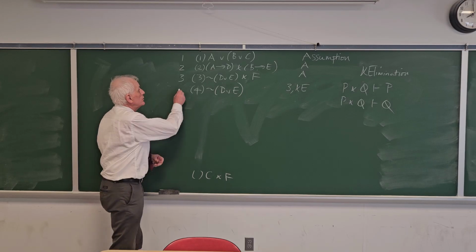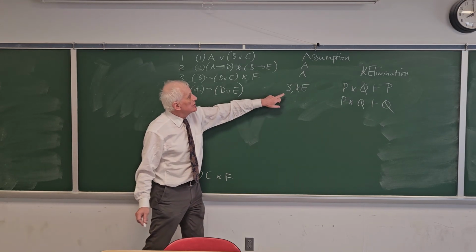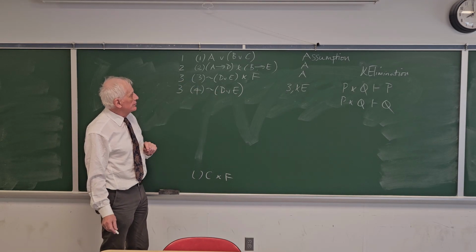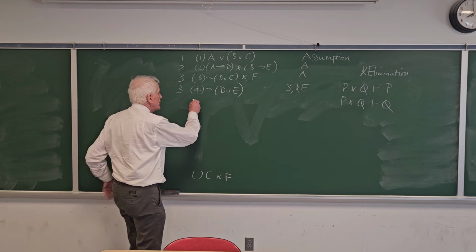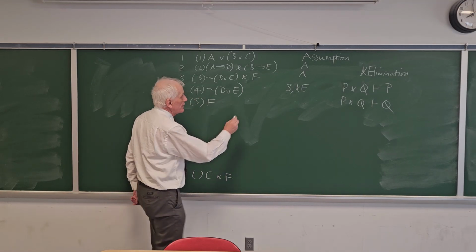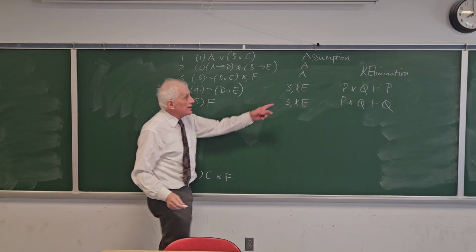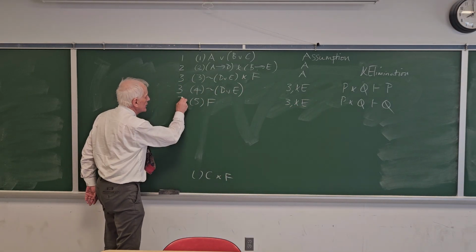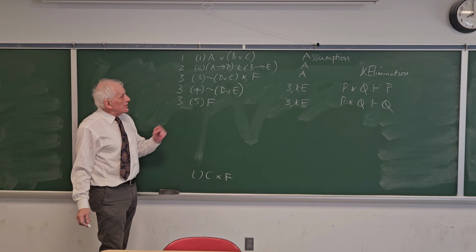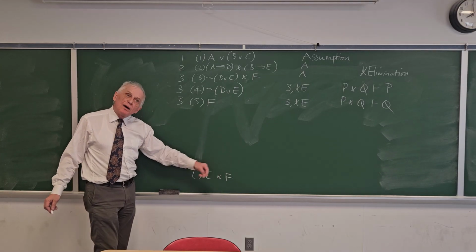And here we note the assumption on which the sentence on 4 rests, which is 3, which is an assumption. We can do the same thing on line 5 with the other conjunct, F. That would also be 3 ampersand elimination, but this time taking the right conjunct. And it's clear that we need 5, F, because that's going to go into our conclusion at the end.